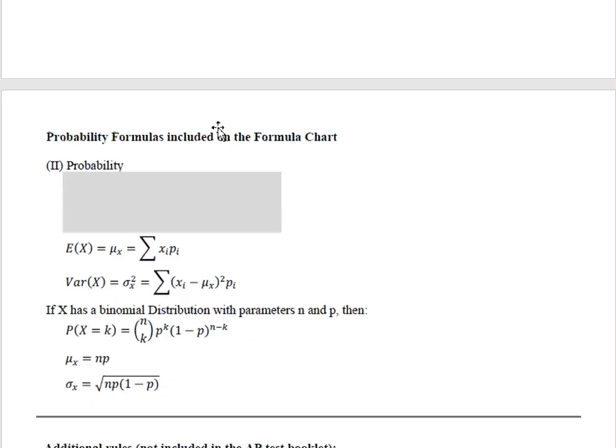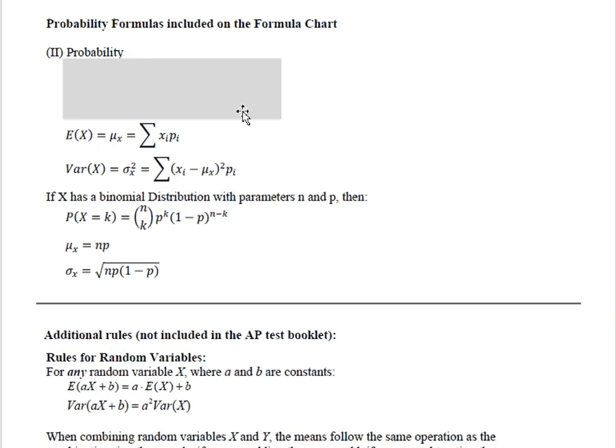Okay, so let's see how the College Board presents this on their formula chart. The probabilities are given like this on the formula chart. This gray box is here because those are the probabilities we covered yesterday. The formulas we're going to be looking at today are the expected value and the variance. Keep in mind that the variance is related to the standard deviation because the variance is the standard deviation squared.